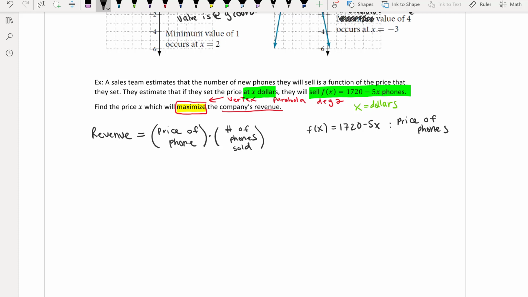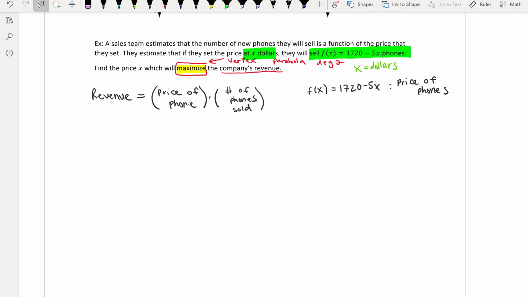They estimate that if they set the price at x dollars, they will sell that many phones. So my revenue is going to equal the price of the phones, which I have, and the number of phones sold.